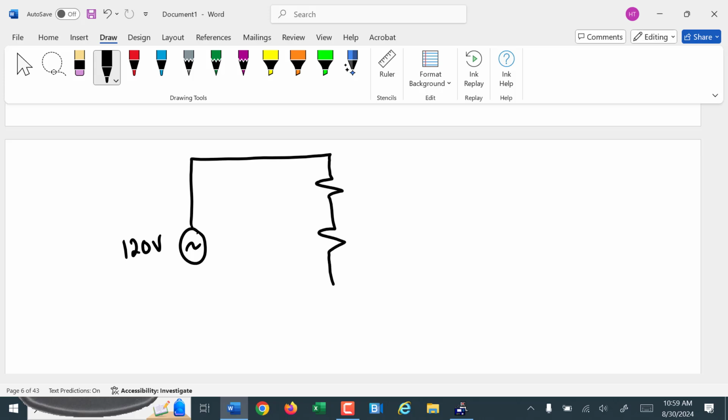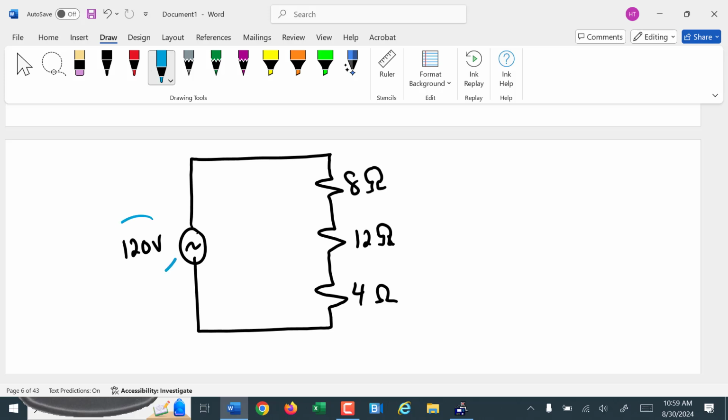So if I have a circuit with a 120 volt voltage source, I have 8 ohms, 12 ohms, and 4 ohms. I'm going to start cheating on my own symbol and not put the little legs on it.